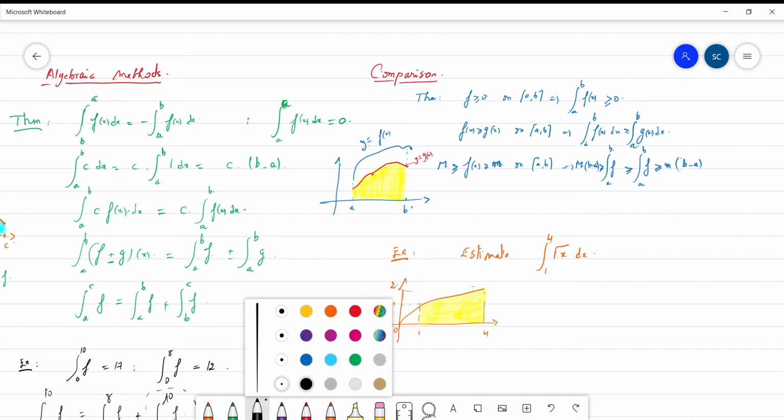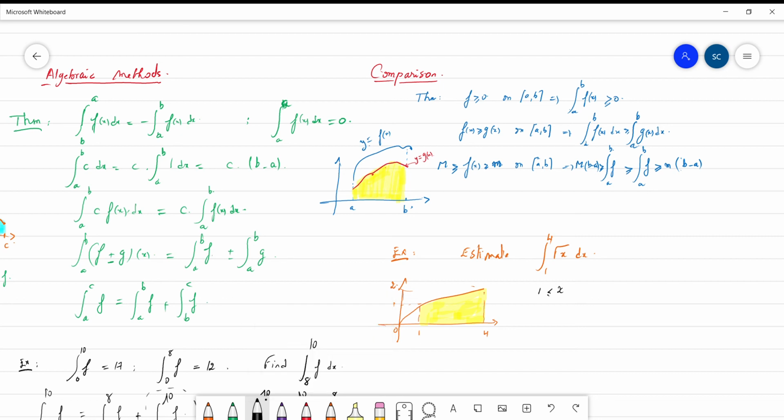We know that if x is between 1 and 4, then the square root of 1 is less than the square root of x, which is less than the square root of 4, since it is an increasing function. So we have bounded our function over the interval [1, 4], and then we can deduce that the area from 1 to 4 of 1 is less than the integral from 1 to 4 of the square root, which is less than the area under the constant function 2.